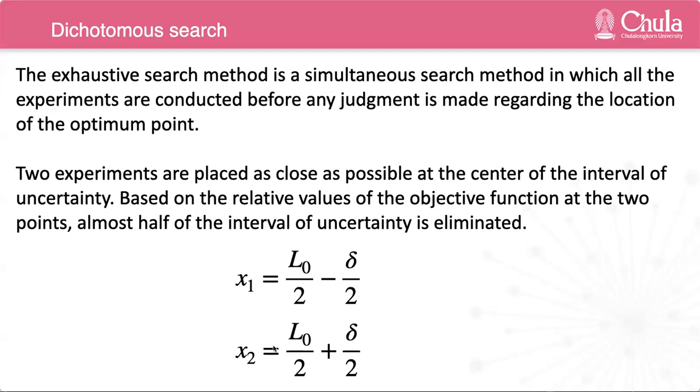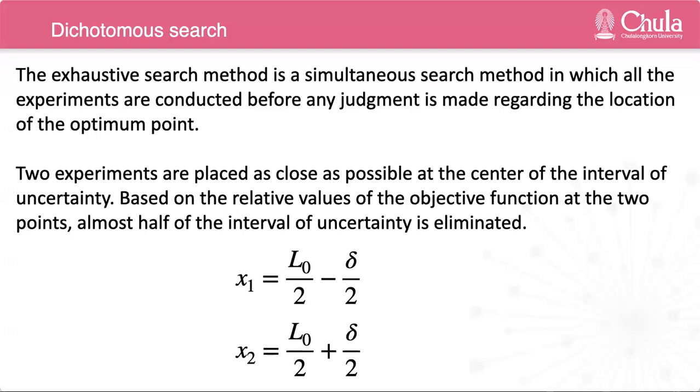And what about x2? x2 is from the half of the interval, you move to the right, you add delta over 2. And you see that from the interval we look at the middle part, at the center. We need 2 experiments, and those 2 experiments cover the center point. The distance between x1 and x2 is delta.